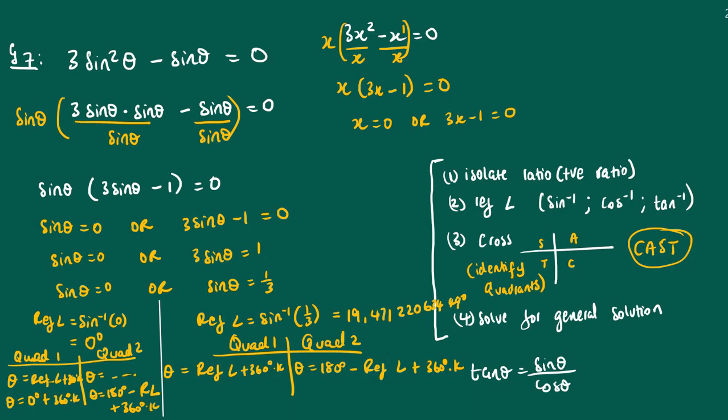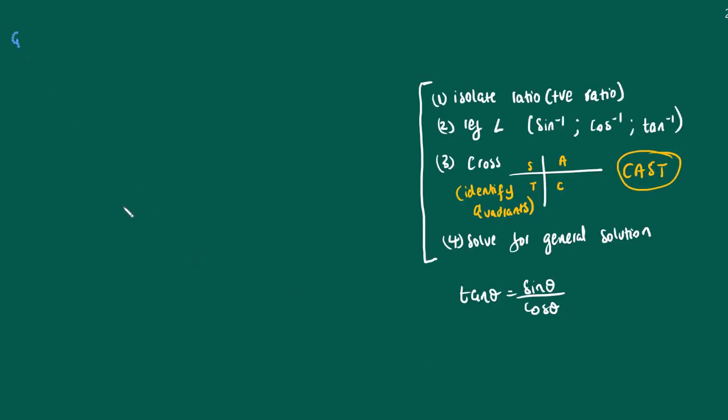Next one. Let's say you have cos 2x minus cos x equals minus 1, that is, cos 2x minus cos x plus 1 equals 0. You find something like this, check.